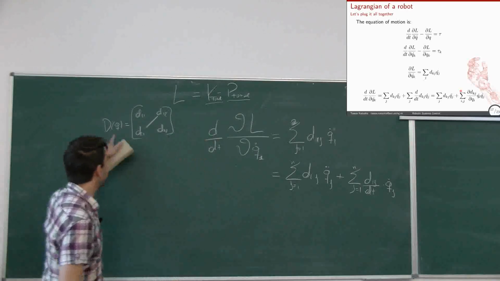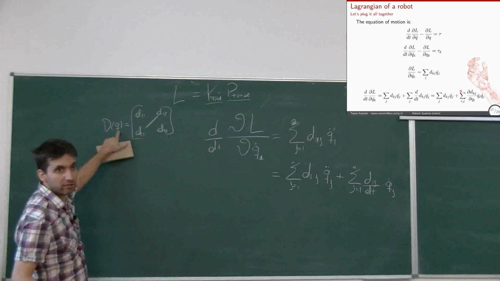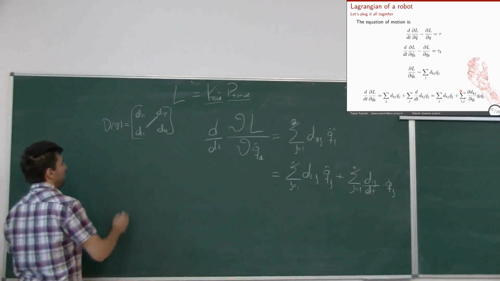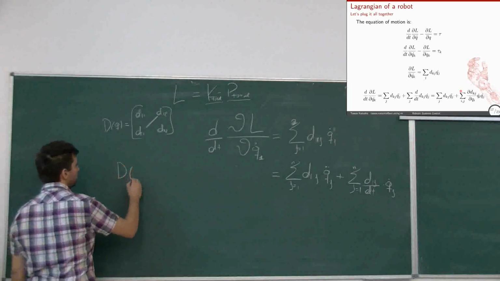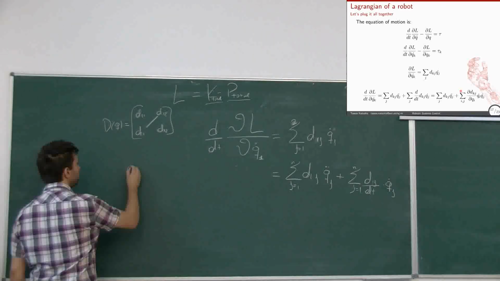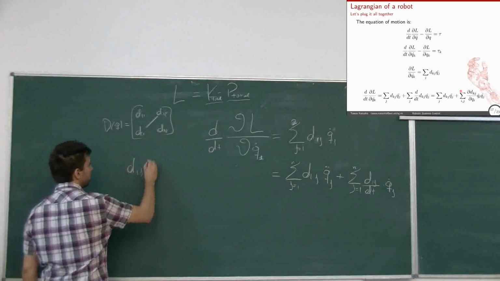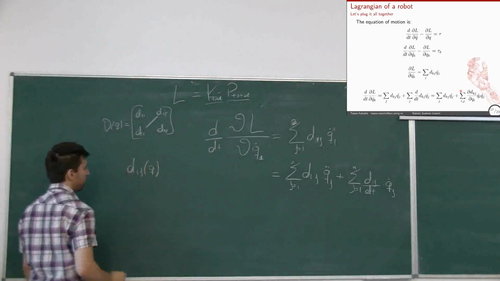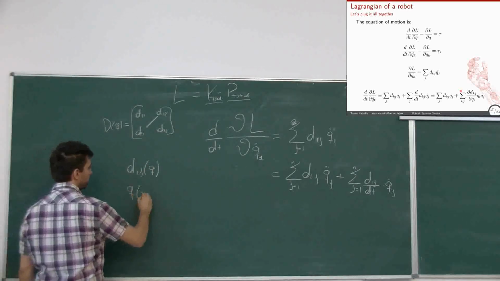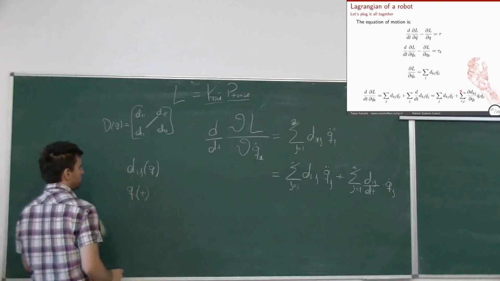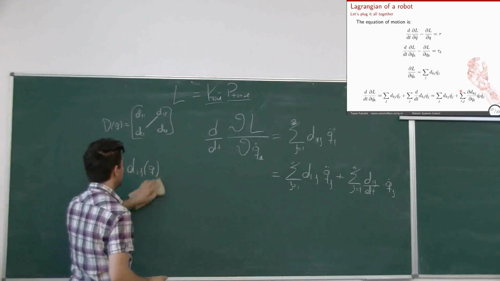Why does this depend on time? Basically because q depends on time. And if you remember, let's say that I have d_ij which depends on q, and q depends on time. So I have basically this thing.